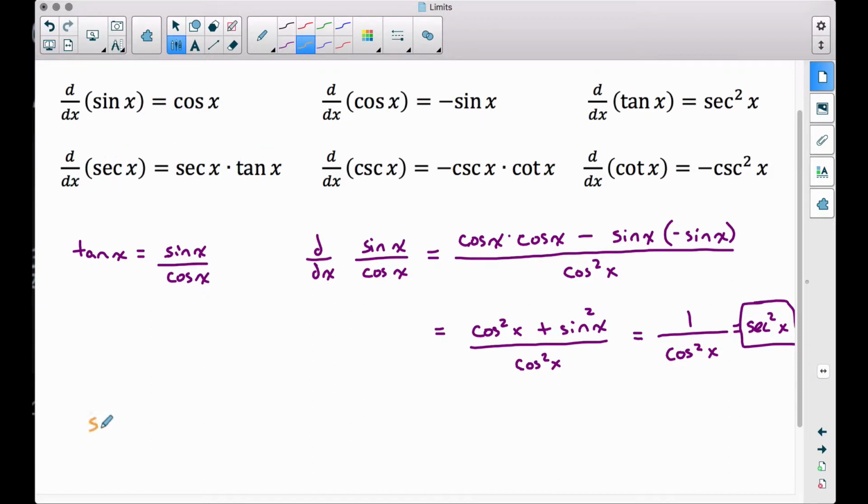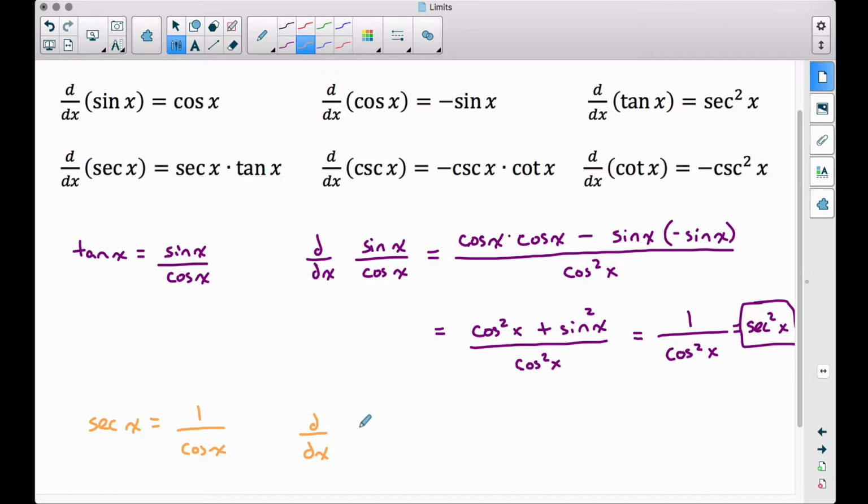Recall, secant of x from your pre-calc days is 1 over the cosine of x. Let's find the derivative of this and see if it does give us secant x tangent x once we simplify it down.